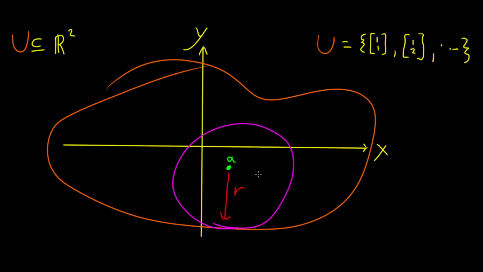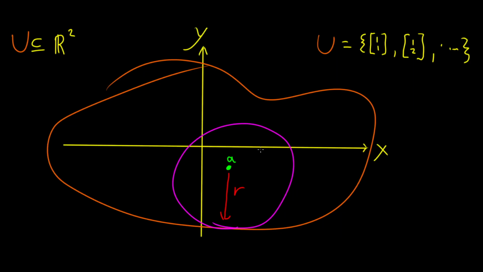This is the biggest it can be. This is the biggest the circle can be without going outside of the subset. We care about this, and I'll explain why we care about this later.